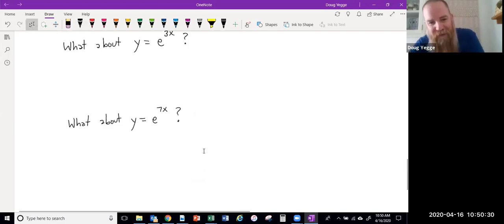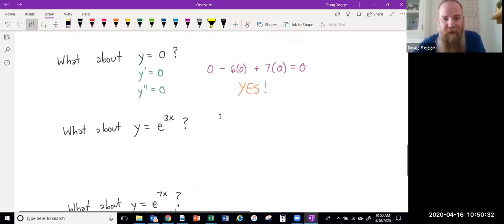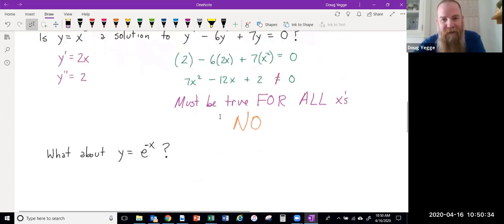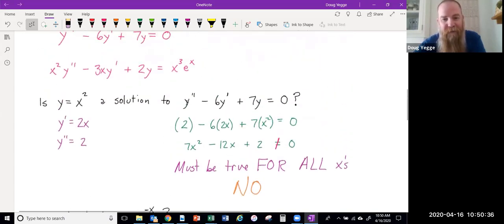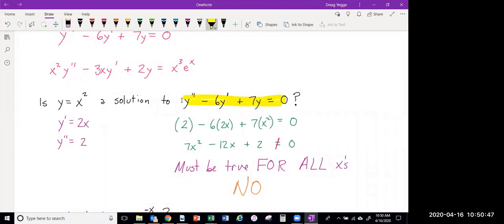Now, does anybody maybe see why I keep choosing a bunch of exponential functions for you to try? Why might I be choosing exponential functions to see if it's a solution for this differential equation right here? Since the derivatives stay relatively the same, they should cancel out.